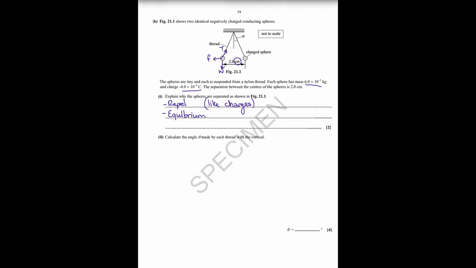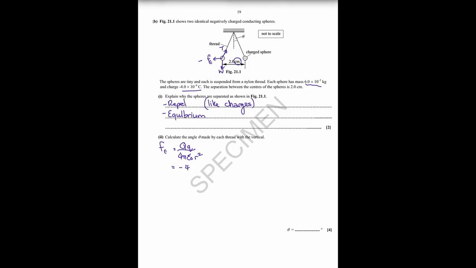I know the first force is the electric force that I've drawn on over here, so I'll put force electric, which is going to be equal to kQQ over r squared, or I can say QQ over 4 pi epsilon naught r squared. So what is the Q? Both of them are minus 4 times 10 to the minus 9.